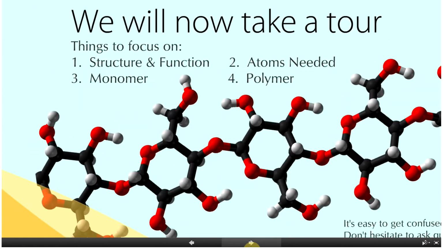Okay. We're going to be taking a look at each of the 4 macromolecules in turn. Things that you're going to need to know for each of the macromolecules is the overall structure of the macromolecule, its function in living organisms or multiple functions, the elements or atoms that are found within that macromolecule, the name and examples of the monomer or the building block for that macromolecule, and the name and examples of the polymer or long chain that makes up the macromolecule.